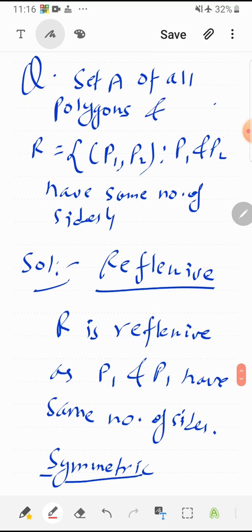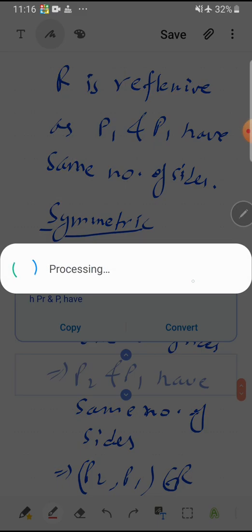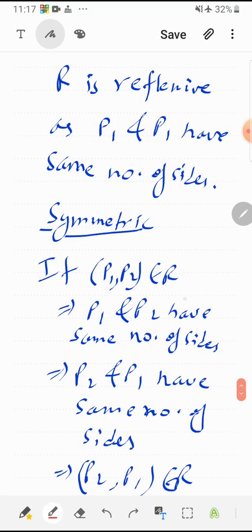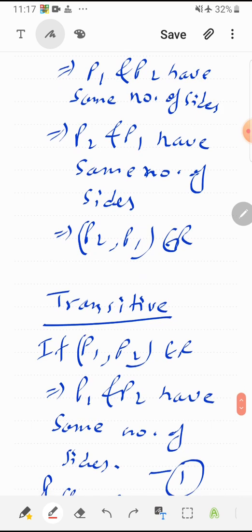So we have to check whether this is reflexive, symmetric, transitive or not. So R is reflexive, as P1 and P1 always have the same number of sides, no problem. Symmetric: if (P1, P2) belongs to R, that means P1 and P2 have the same number of sides. From here we can write P2 and P1 have the same number of sides, so (P2, P1) belongs to R. And transitive: if (P1, P2) belongs to R, P1 and P2 have the same number of sides.